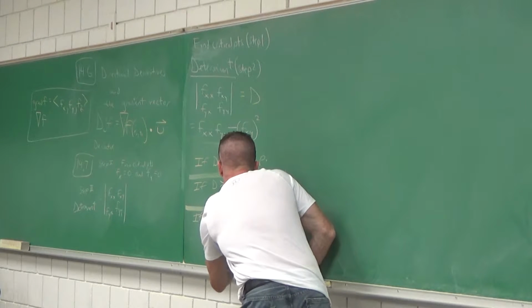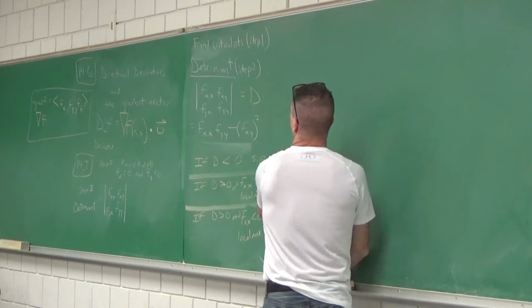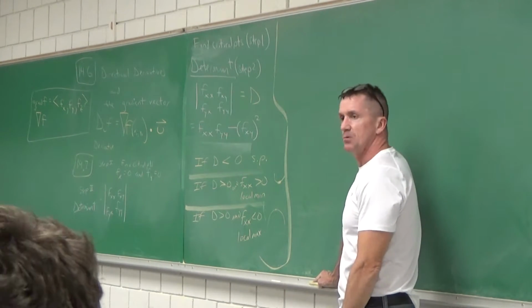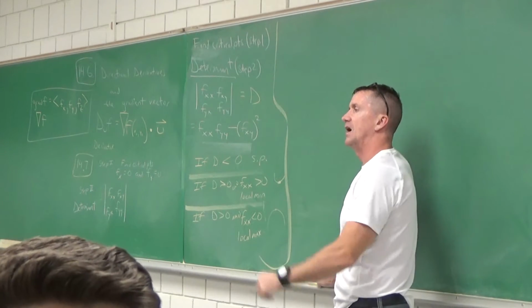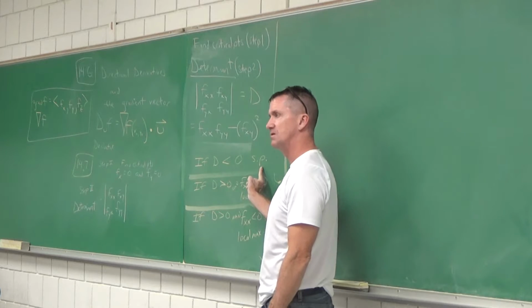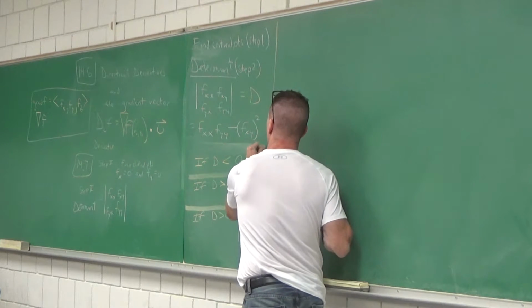Or if you don't like the word local, you can think relative max. But let's leave this up. That's a summary of section 14.7. And this is how we'll find our maximums. Or we might find some SP, what does this stand for? Saddle points. S-A-D-D-L-E points.